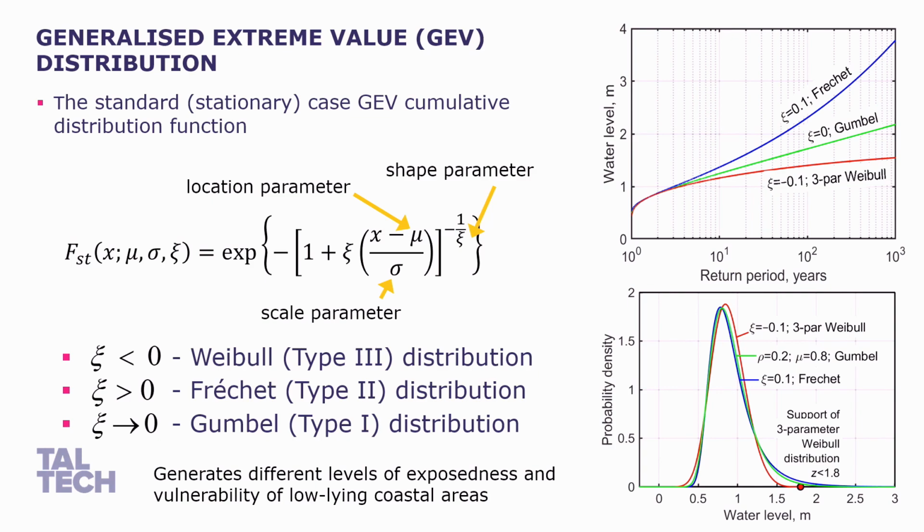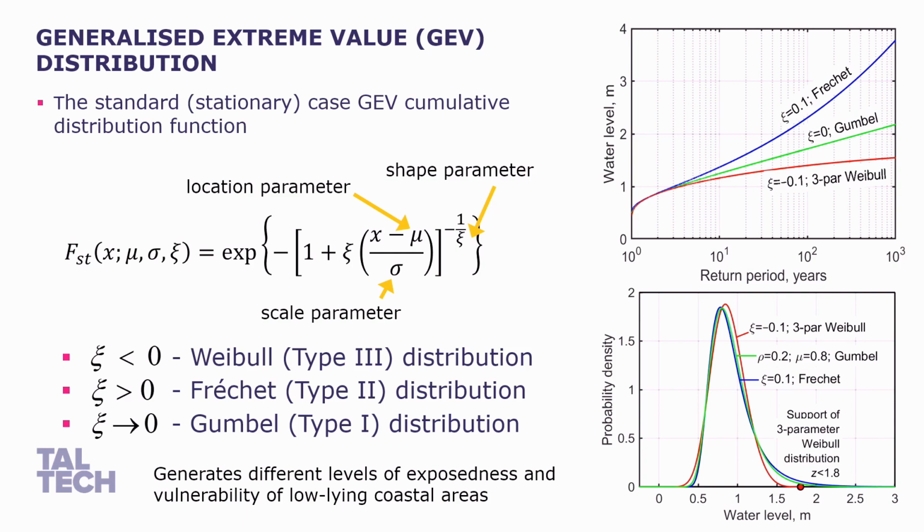On the figure, it's showed with the red line. And Weibull distribution means that projections for the future have slow increase in time. But if the shape parameter of GEV is positive, it indicates the Frechet distribution.